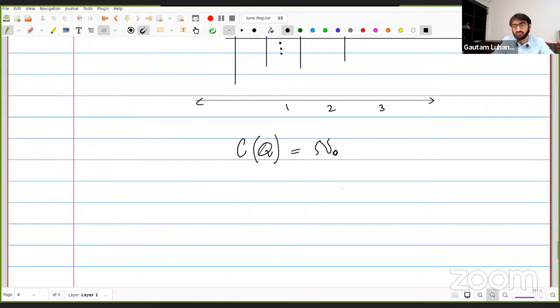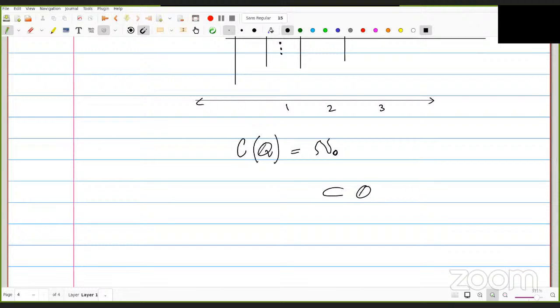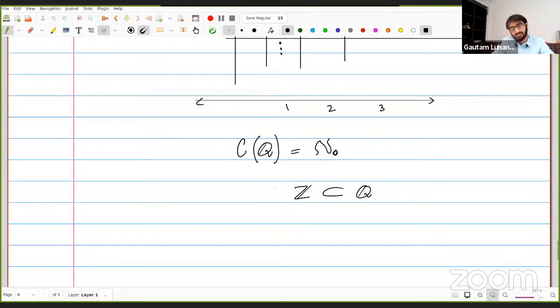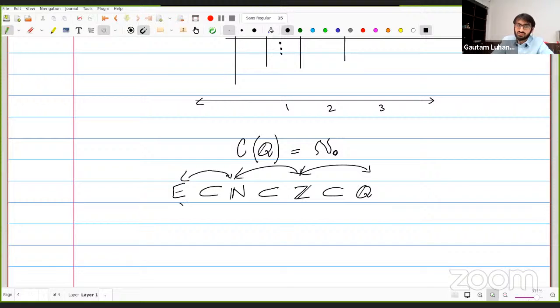So it seems like we have in some way bigger and bigger sets, but in another important way, they have the same cardinality. There's a bijection between these two, and there's a bijection between these two. So it almost seems like you lose or gain nothing as far as extra elements are concerned when you go from the set of even numbers all the way up to the set of rational numbers.